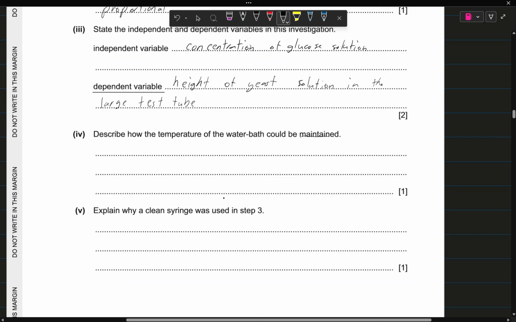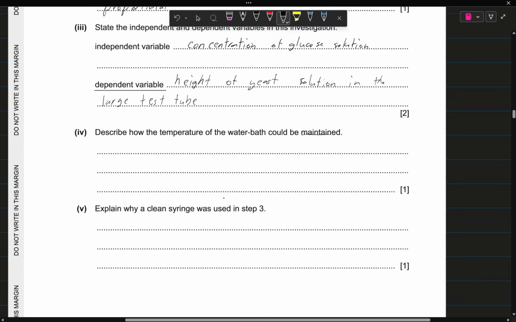This is always a point that's used every single year in any paper 6. So, what we'll be writing here is the use of a thermostatically controlled water bath.